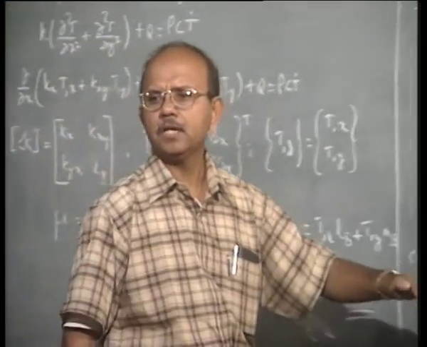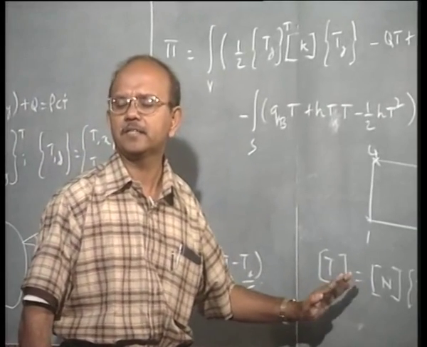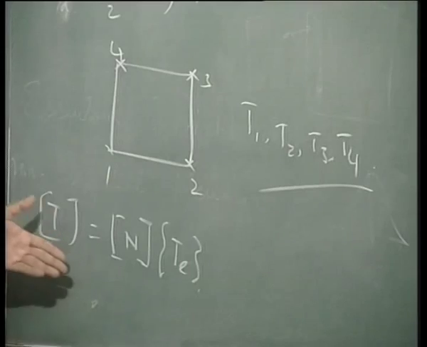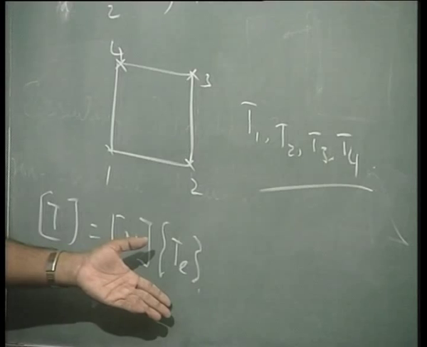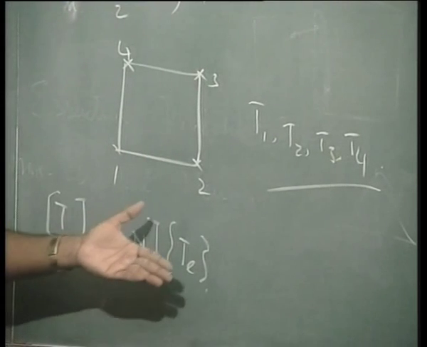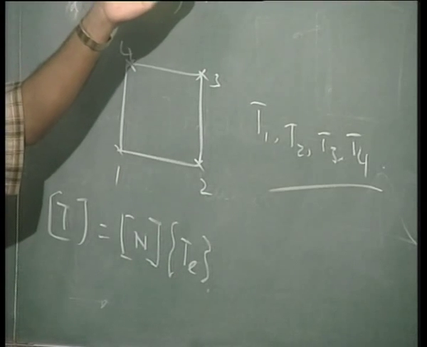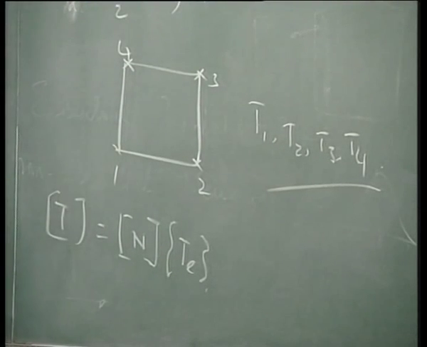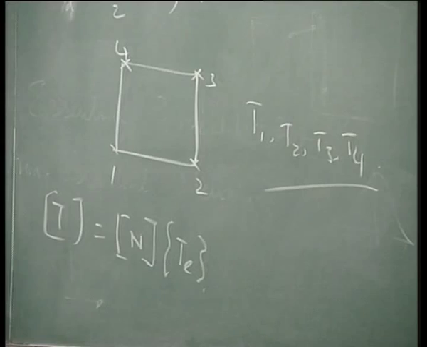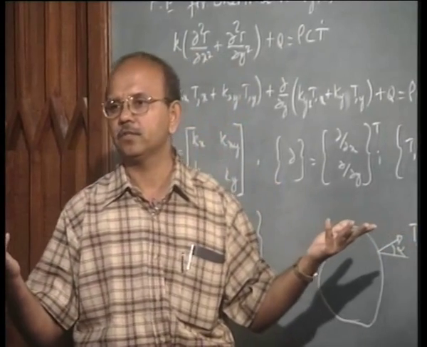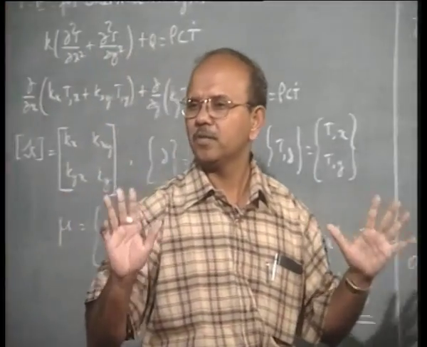I am going to write temperature in terms of nodal temperatures, and gradients in terms of nodal temperatures, substitute them into my functional, then differentiate with respect to T in order to minimize the functional. It is very straightforward.